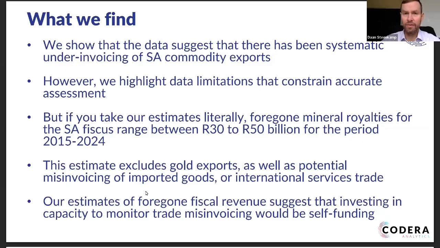One could think of that being a big problem in imported goods or also in international services trade. So certainly not the final word on this issue, but I think our paper draws attention to a number of important policy issues.